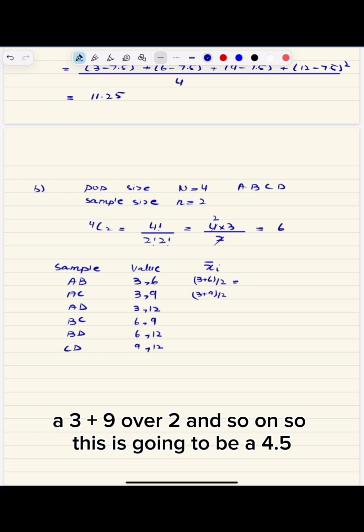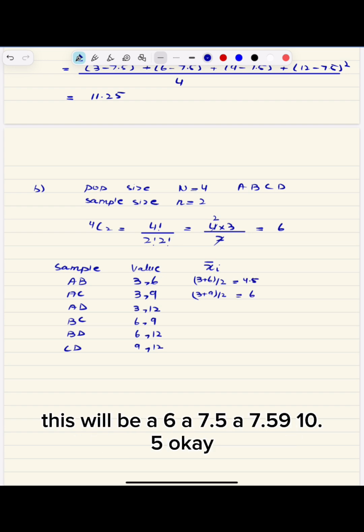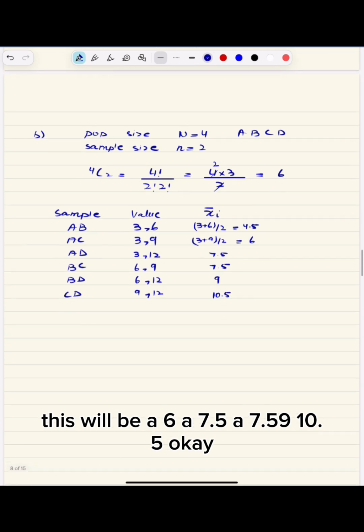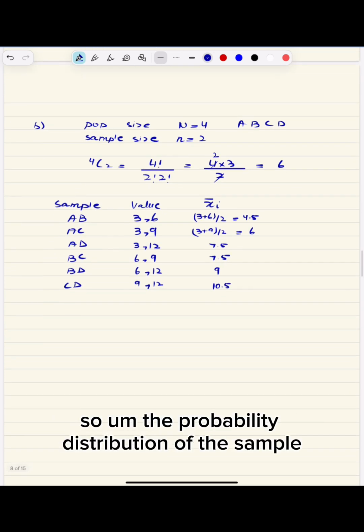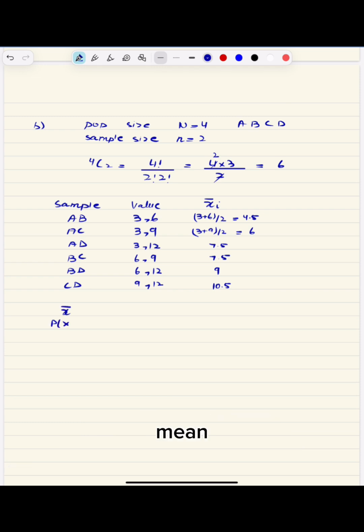So this is going to be 4.5, this will be 6, 7.5, 7.5, 9, 10.5. So the probability distribution of the sample mean will be as follows.